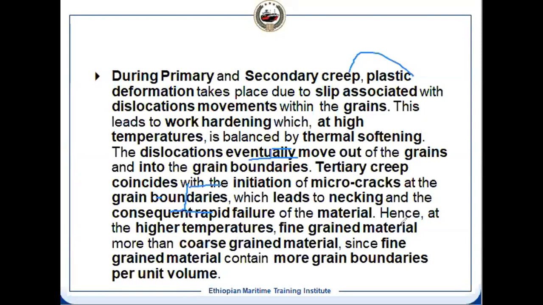That is the reason it becomes uniform and stronger. Then when it goes to the tertiary, the neck formation takes place, finally micro cracks will initiate, and then it will fail.